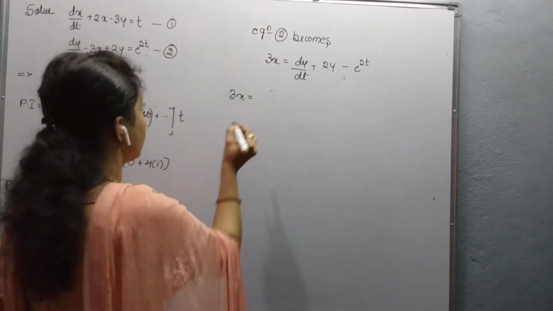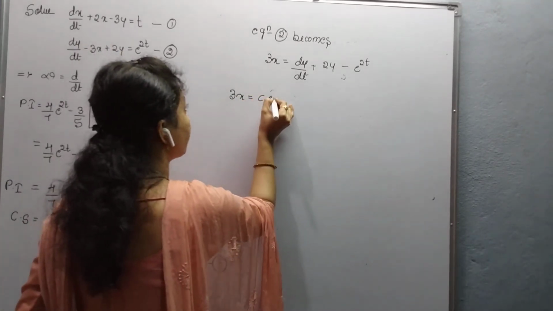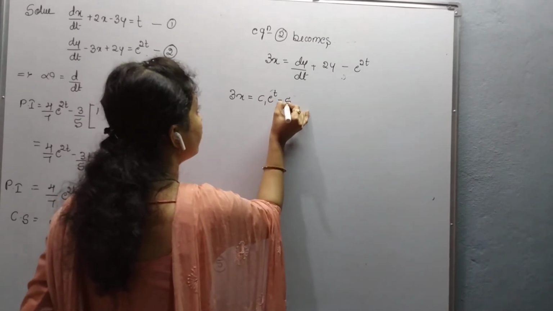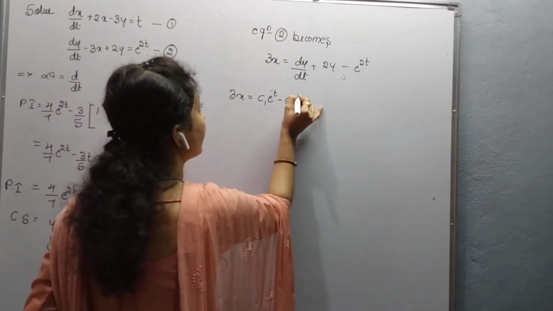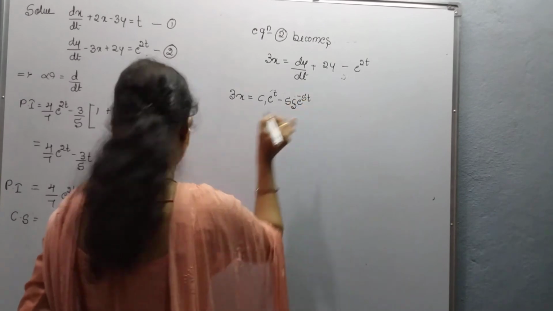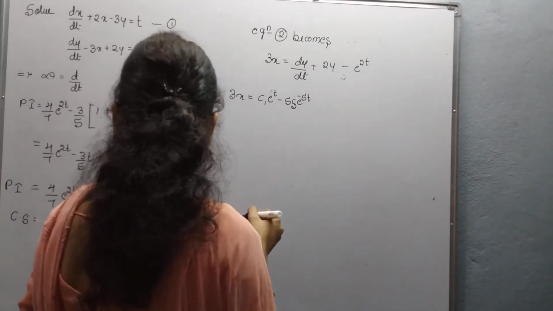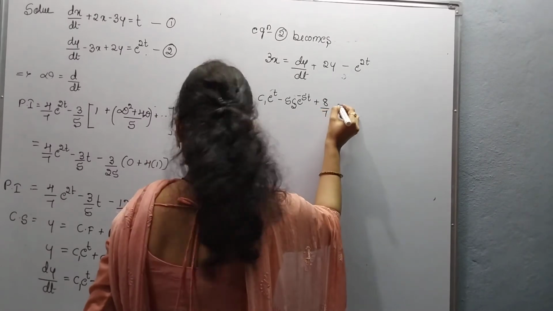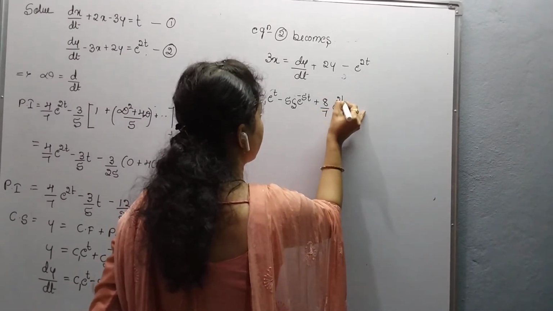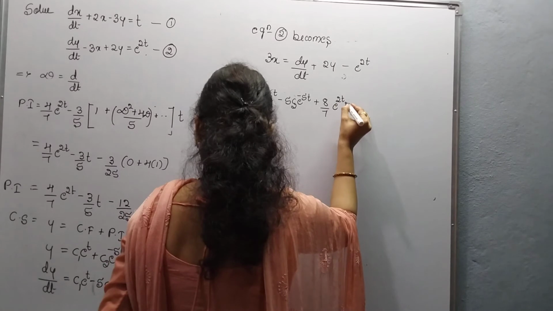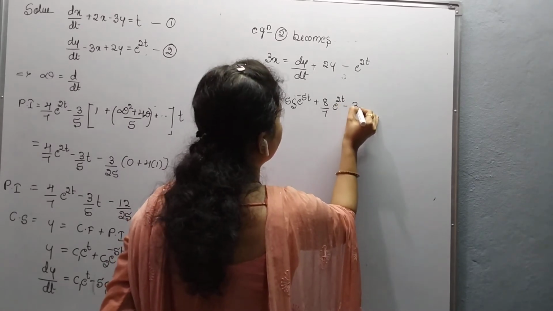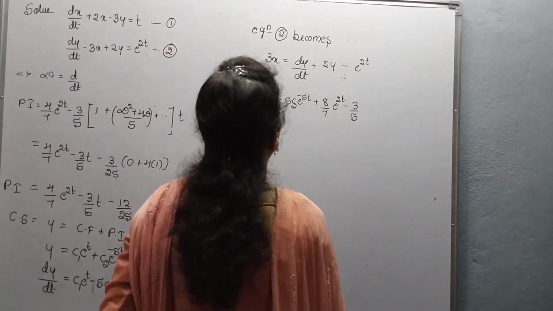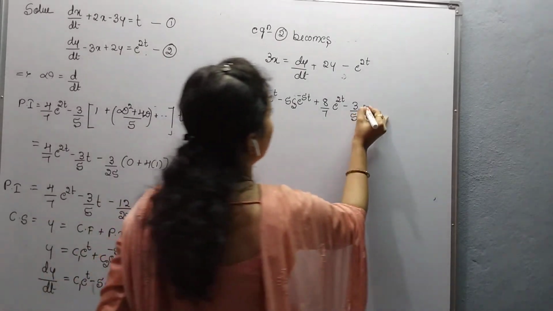Dy by dt is c1 e raised to t minus 5 into c2 e raised to minus 5t, and plus 8 by 7 e raised to 2t minus 3 by 5, and plus 2 into y.